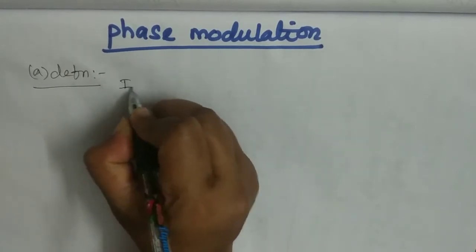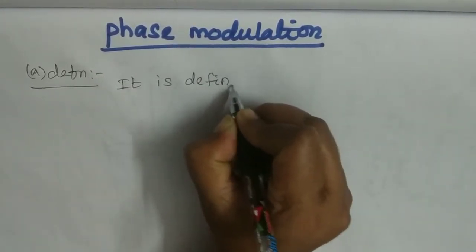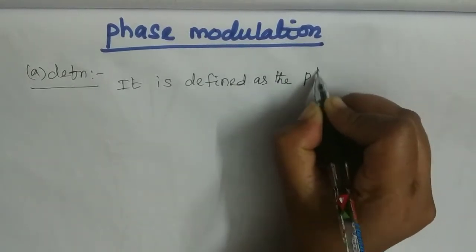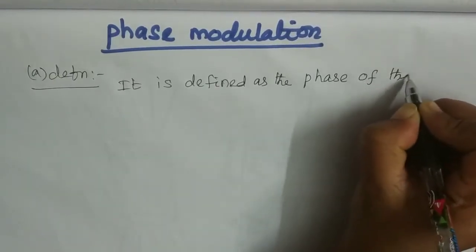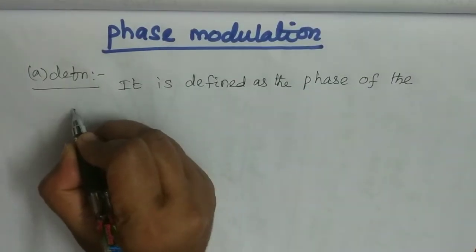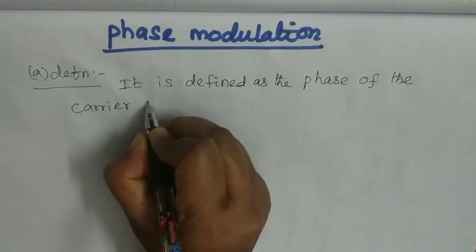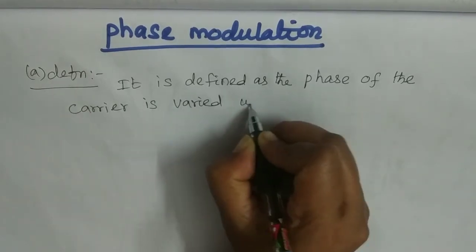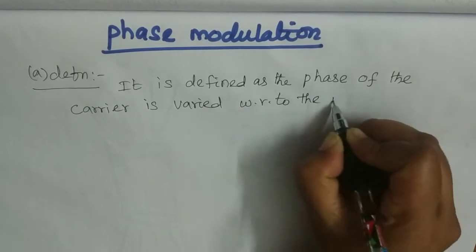It is defined as the phase of the carrier signal is varied with respect to the modulating signal.